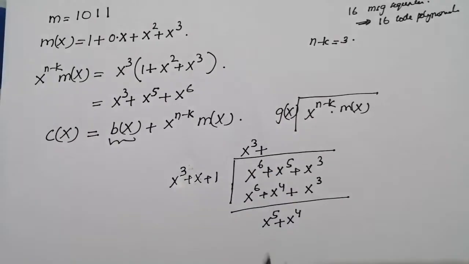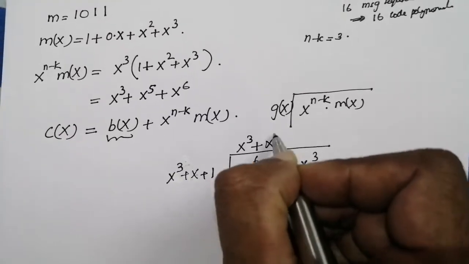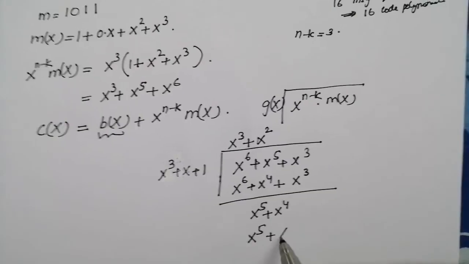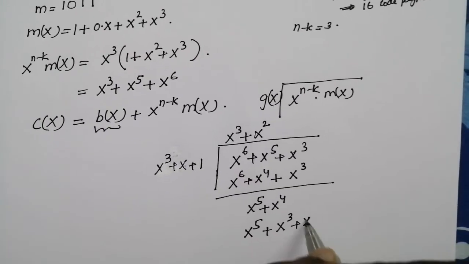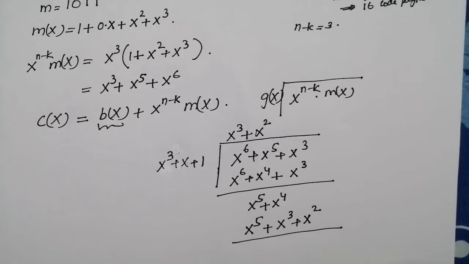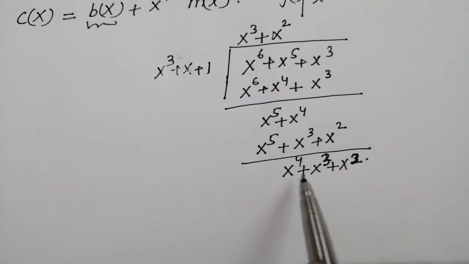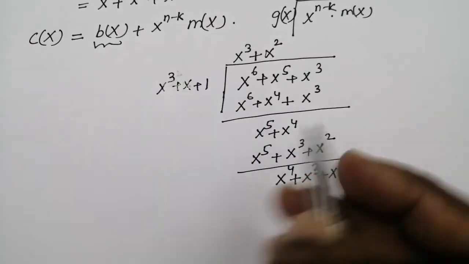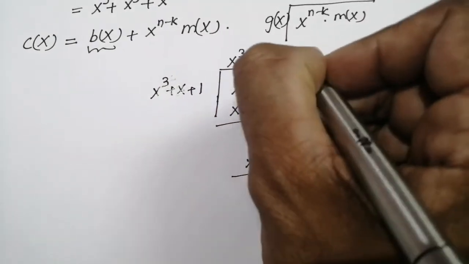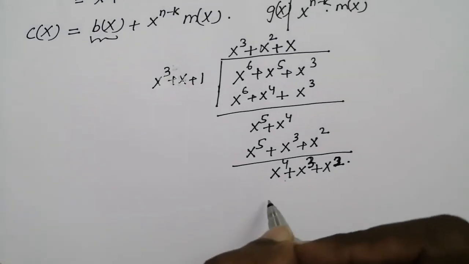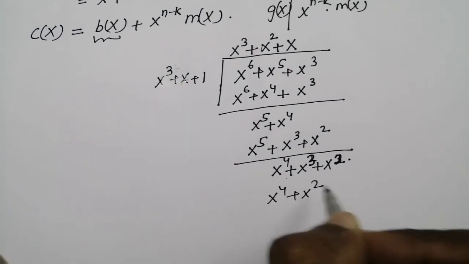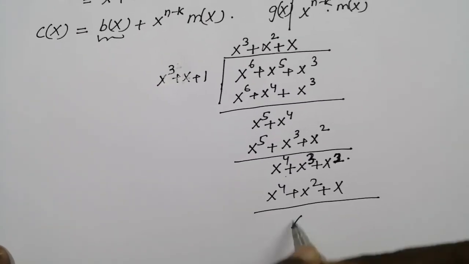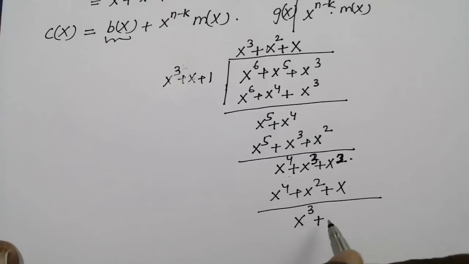Then, multiply by x square. You will get x raised to 5 plus x cube plus x square. So you will get x raised to 4 plus x cube plus x square. Now how many times will it go into this with x cube plus x plus 1? Multiply by x. So you will get x raised to 4 plus x square plus x. So you will get x cube plus x.